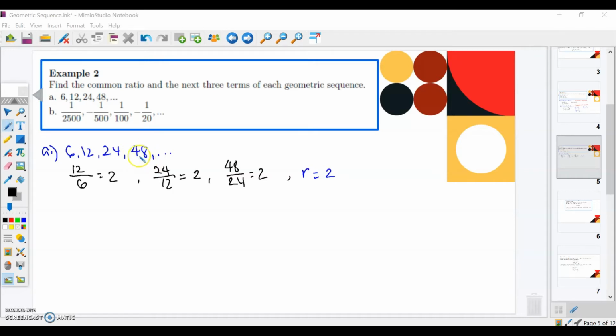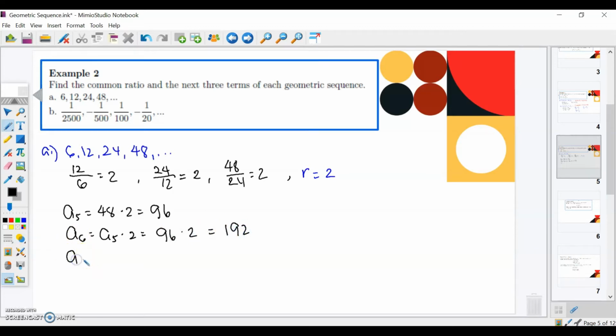So continuing this, to get the fifth term, a sub 5 is equal to 48 multiplied by 2, which is equal to 96. Then we have a sub 6, which is equal to the previous term, a sub 5, times 2. And a sub 5 is equal to 96. So this is 96 times 2, which is equal to 192.